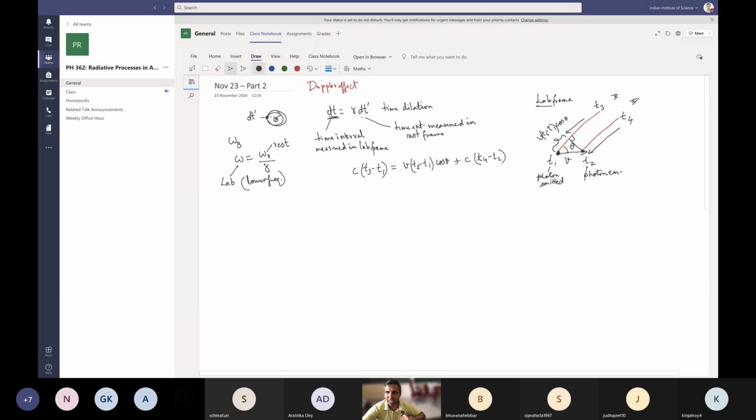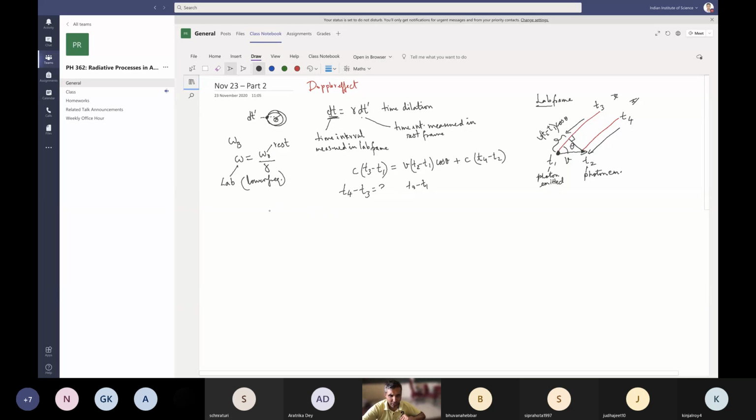Now what we are interested in is the time between the arrival times of this photon and this photon. So basically we are interested in t4 minus t3. Basically we are interested in how t4 minus t3 is related to t2 minus t1. We want to be able to write the arrival times in terms of the emission times.